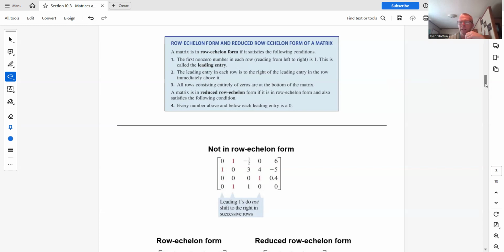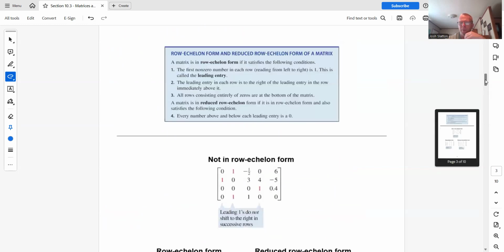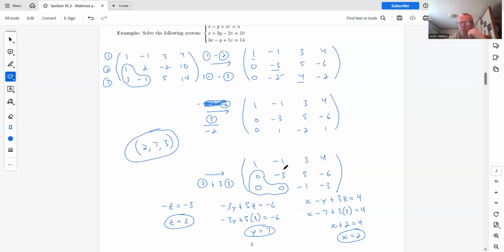So basically what that means, let's go back up to this one. This one's almost row echelon form. We would need that one to be a 1. So we would just need to divide this row by -3 and divide this one by -1 to get this to row echelon form. Let's go ahead and do that.